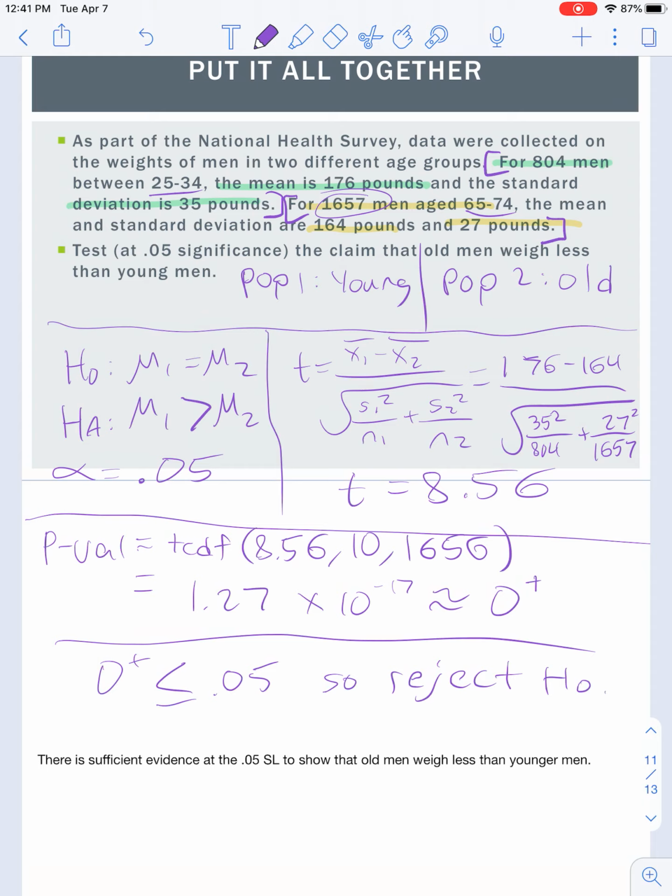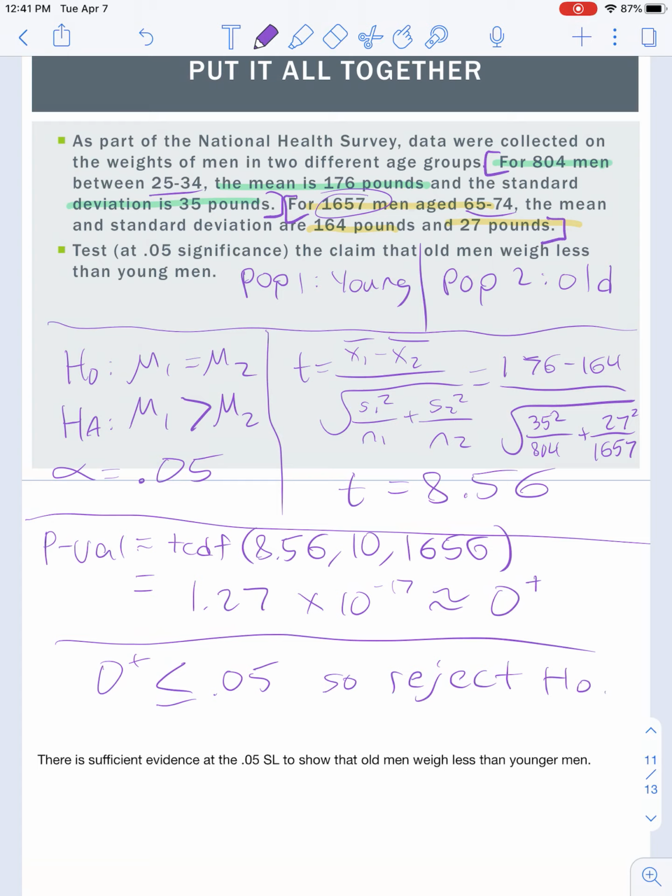So, as far as the null hypothesis, if I didn't stress this enough earlier, it's always going to be mu1 equals mu2 whenever we're doing a mean problem. The alternative hypothesis, however, is really going to depend on whether or not you set the young as the first or the second population.